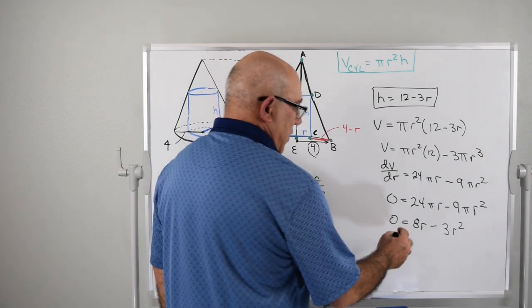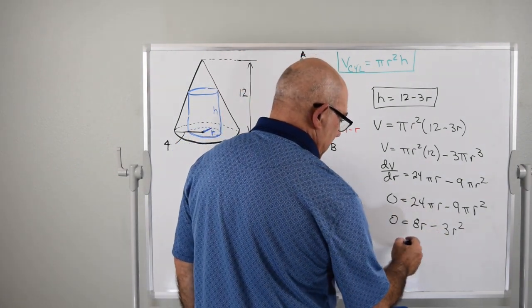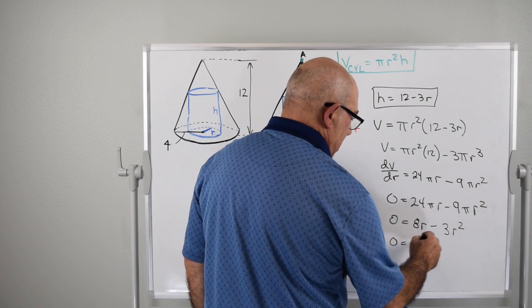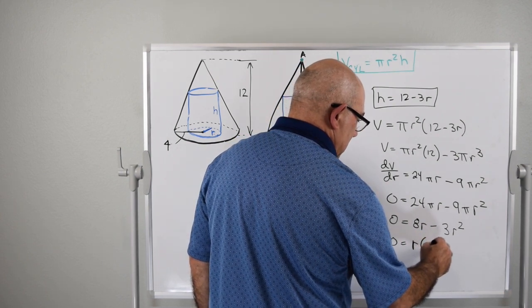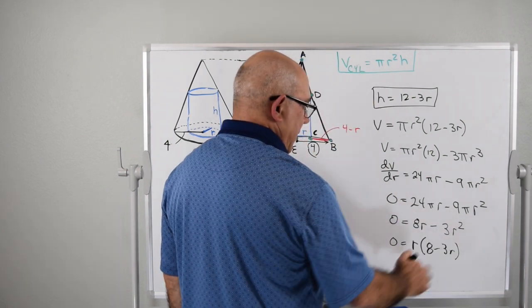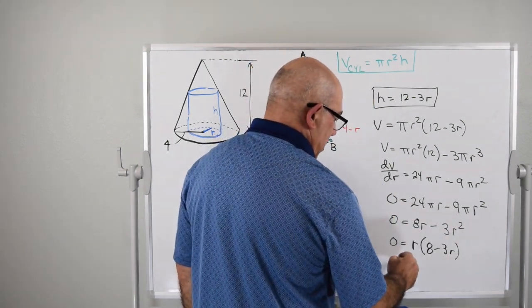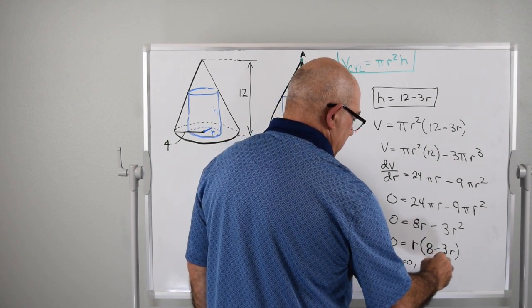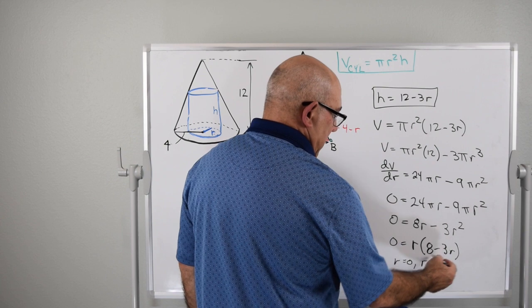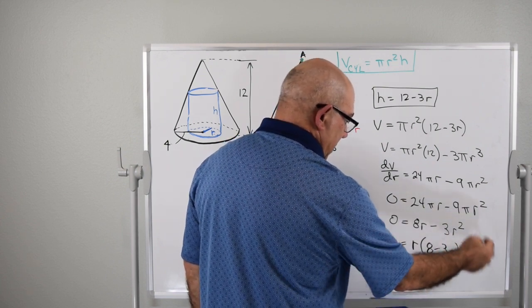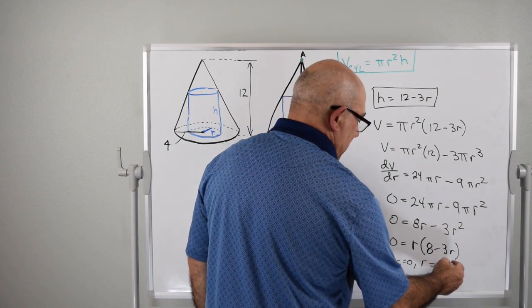Now we can simplify it a little bit more, and it equals r times 8 minus 3r, the same thing. Solving for 0, we know r equals 0, and the other solution is 8 divided by 3, which is 8/3.